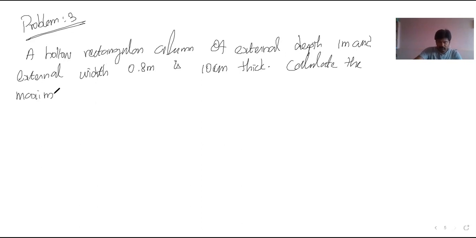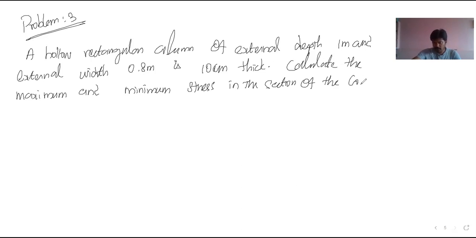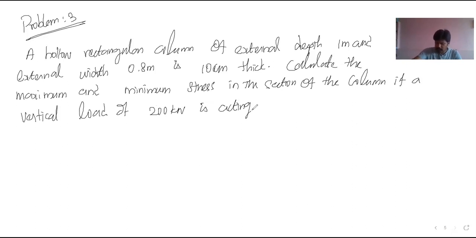Calculate the maximum and minimum stress in the section of the column, if a vertical load of 200 kilonewton is acting with an eccentricity of 15 centimeter as shown in figure.